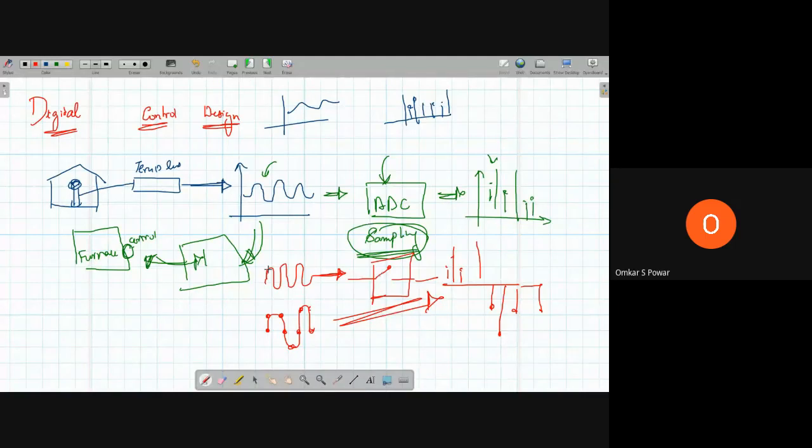So you're converting your analog signal into a digital signal, like on and off. Now you have this digital signal, then you can write algorithms for it on your microcontroller or your PLC, etc.